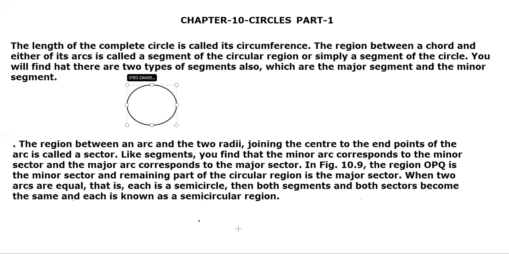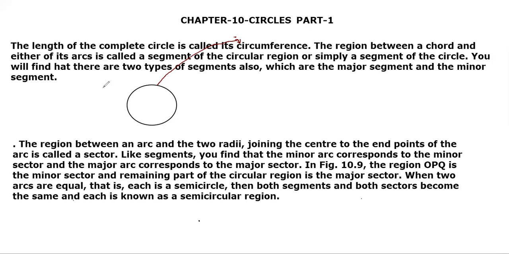Its full length, if you take one round of it from this part back to this part, is the complete length of the circle, and it is called the circumference. This total length is called the circumference.